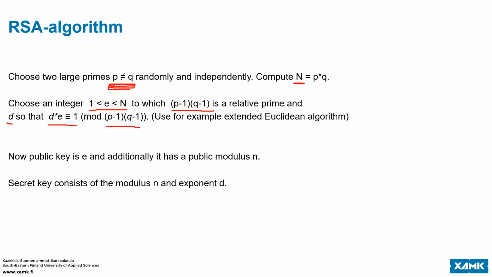After these numbers have been selected, the public key is e, and additionally it has a public modulus n. The secret key consists of the public modulus n and the exponent d. So therefore the public key would be e and modulus n, and the secret key would be d and modulus n.